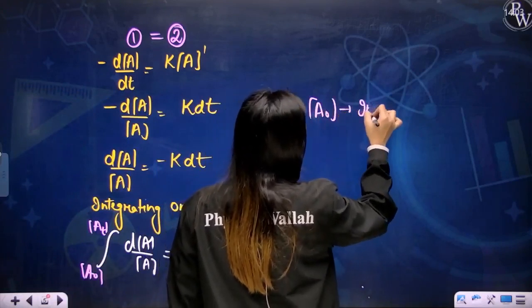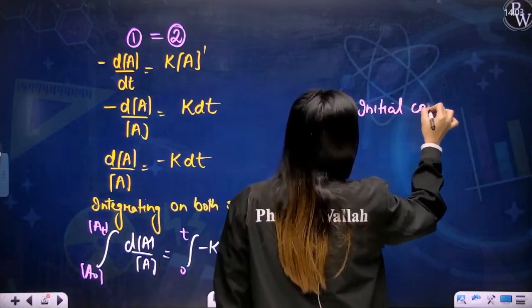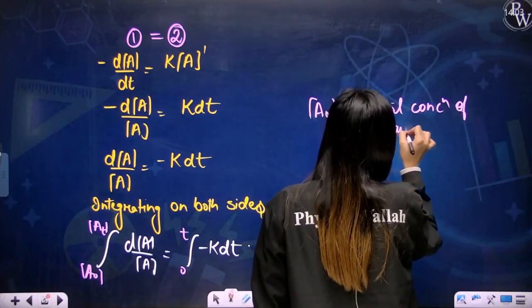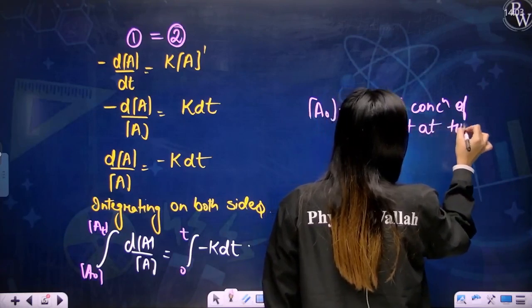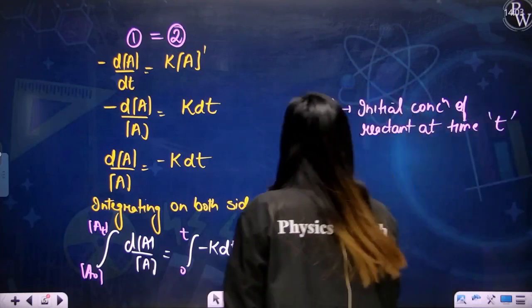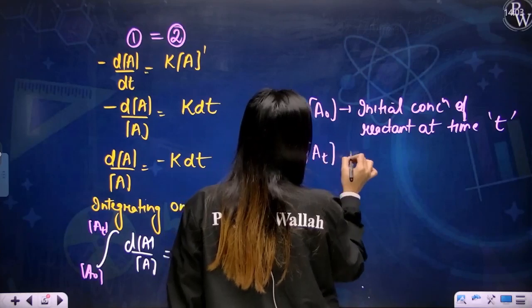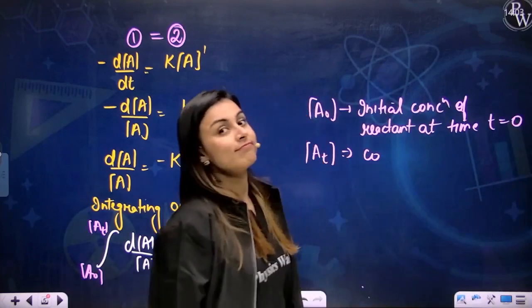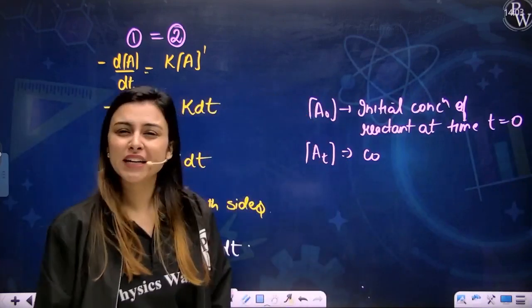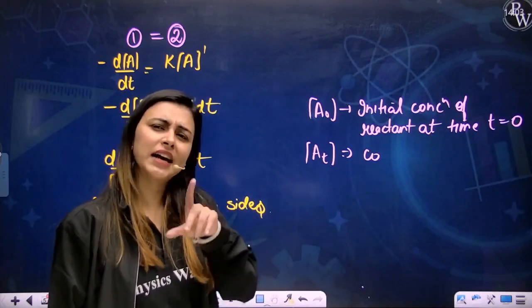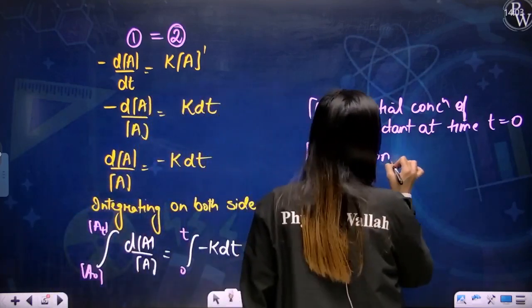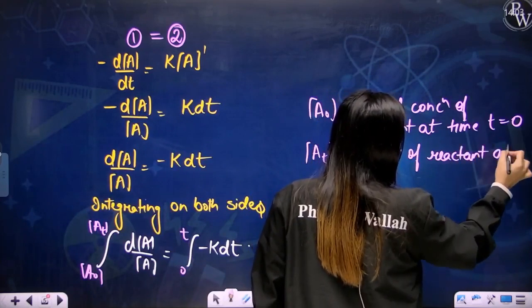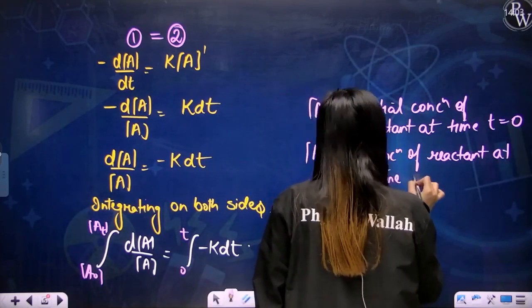A0 is the initial concentration of reactant, at time t equal to 0. And At will be the concentration of the reactant at time t.